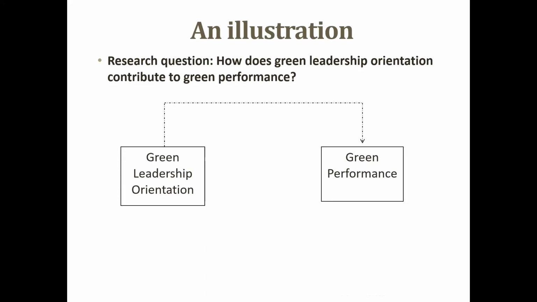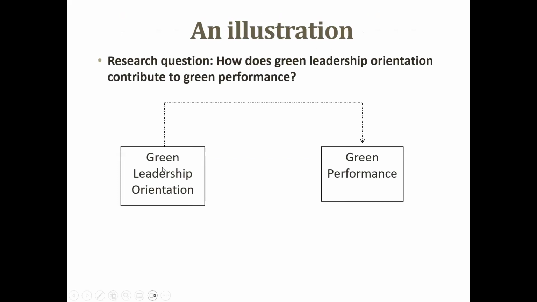Okay, but having collected the data, we need to demonstrate statistically that the measure of one construct is not measuring another construct. And let's try to use this example from this stage onwards. This is a research question the researcher seeks to answer: how does green leadership orientation drive or contribute to green performance?